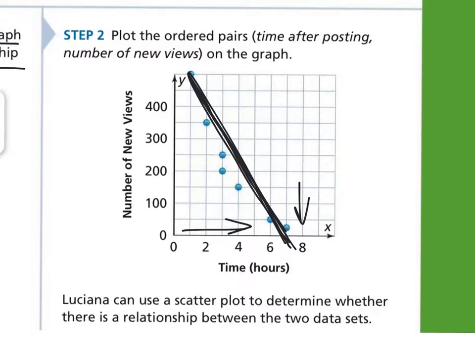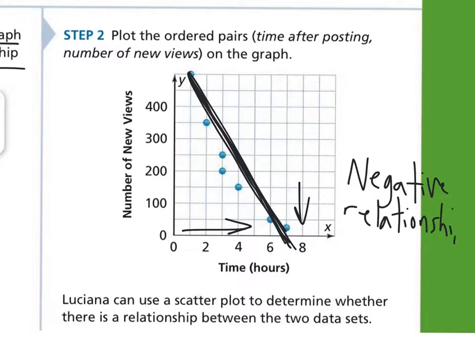Negative, right? Okay, so that has a negative slope, which means this has a negative relationship, or as the book's going to call it here, a negative association.